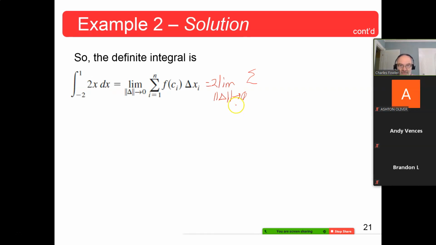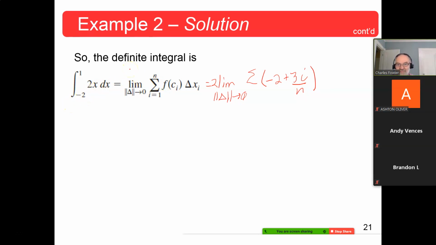Remember that was -2 plus 3i over n. So that's the summation of -2 plus 3i over n. That's the f of c sub i. The 2 went on the outside, and all you have left is x.